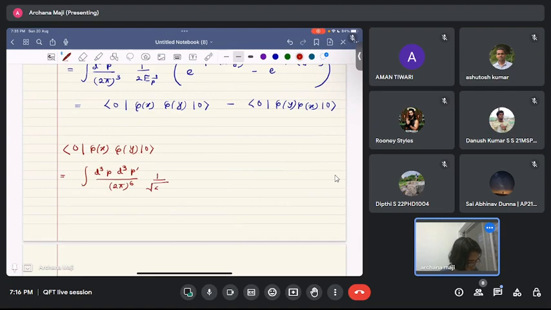Square root of 4 E_p prime, and we are taking the inner product.